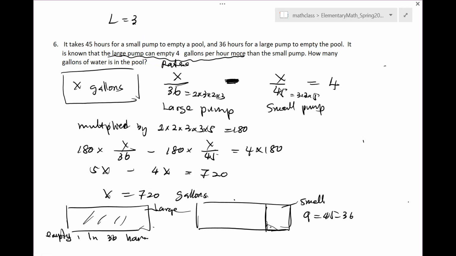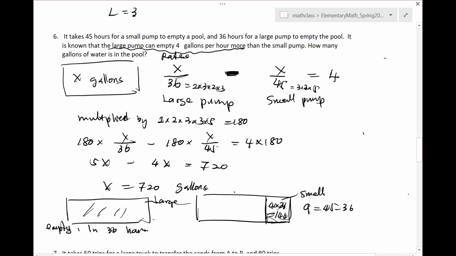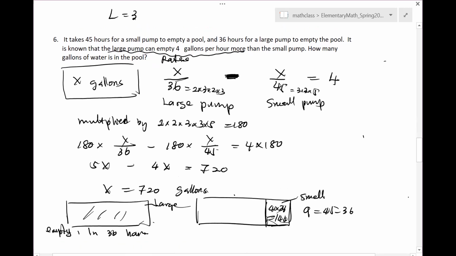So in 36 hours, the larger pump pumps out 4 times 36, which is 144 gallons of water. So 144 gallons of water is left in the other pool, which is using the smaller pump.